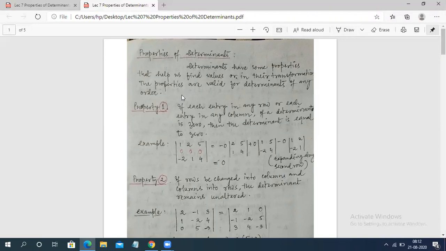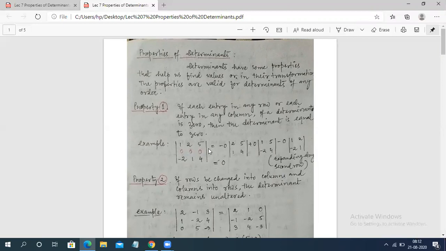The first property is if each entry in any row or each entry in any column of a determinant is 0, then the determinant value is equal to 0. For example, if you have this determinant, here we can see that each entry of the second row is 0.